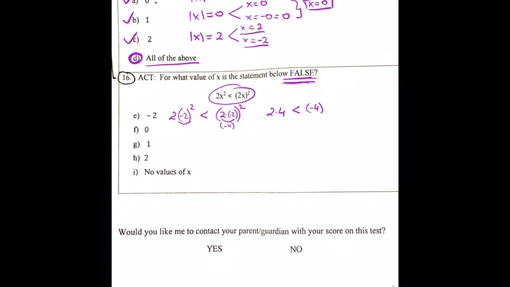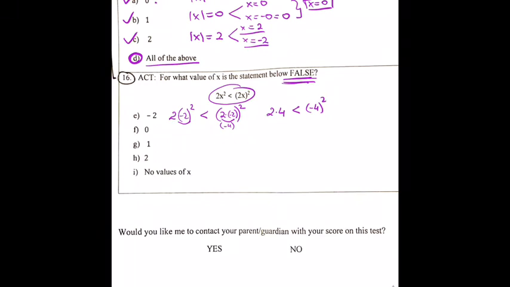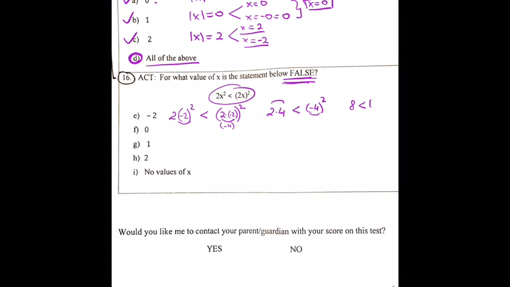So I get -4 squared. Remember, order of operation, parentheses first. Now I can go ahead and multiply here. 2 times 4 gives me 8, less than -4 squared gives me 16. Is this false? No, this is true. 8 is indeed less than 16. So E is not false. Remember, I look for a false statement.